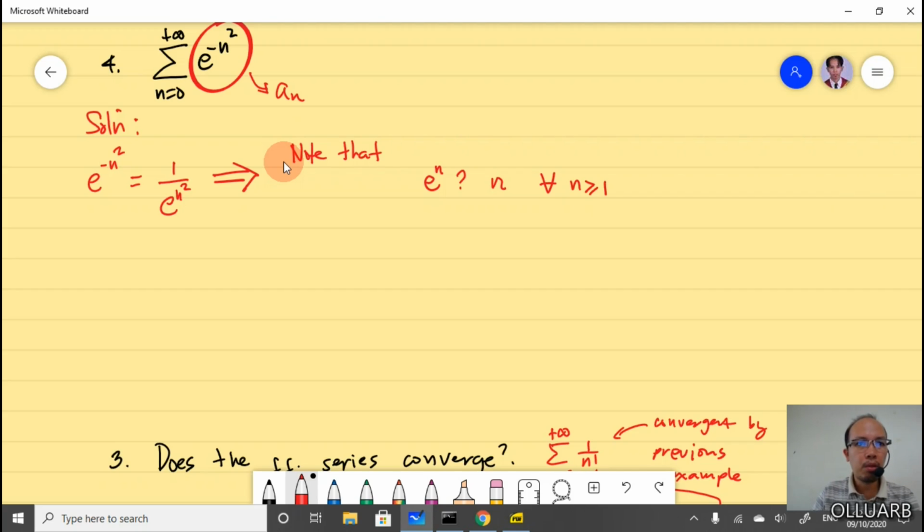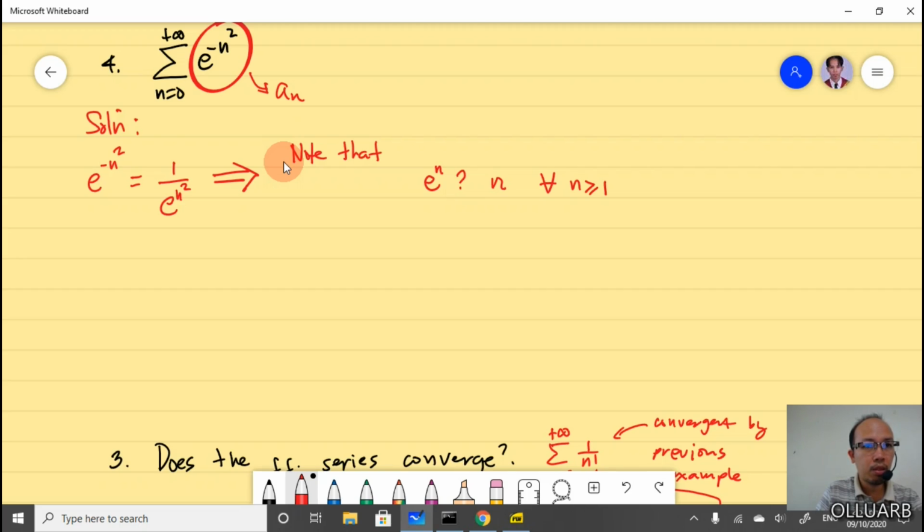So remember why we exclude 0. You will find out that later. For all n greater than 1, remember that e is approximately 2.71.